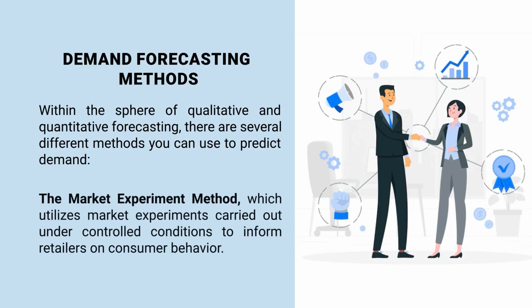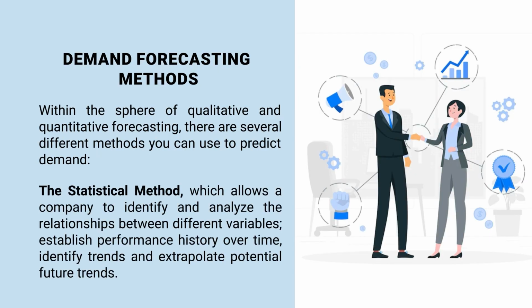The market experiment method utilizes market experiments under controlled conditions to inform the retailers on consumer behavior. It means what type of product we have to launch, we inform the retailers and the customers, so we can measure the customer behavior, and in that way we can measure and forecast the demand.